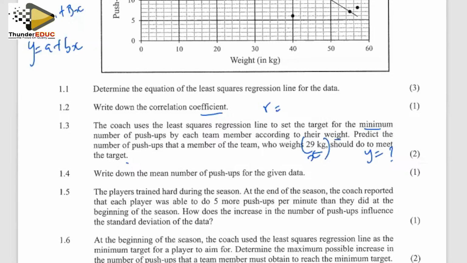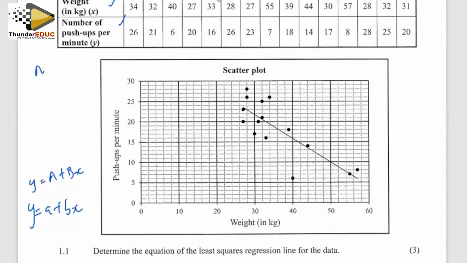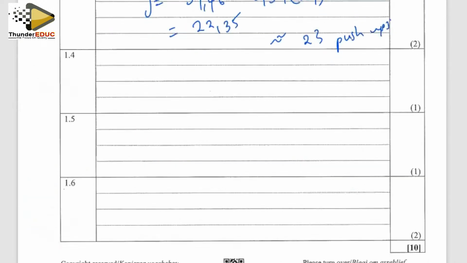All right, then 1.4, they want us to get the mean number of push-ups for the given data. Mean number of push-ups means we're looking at the Y values. For us to get the mean, we add them and divide the answer by 15, or you can directly punch that into your calculator.